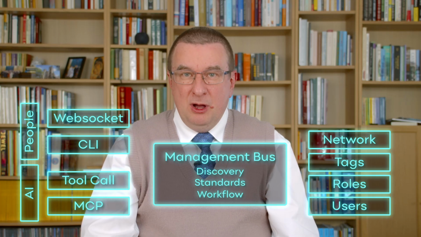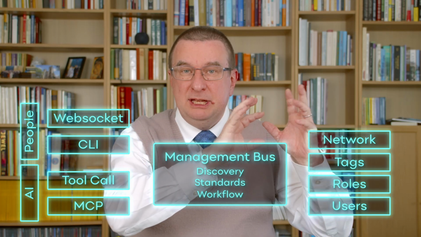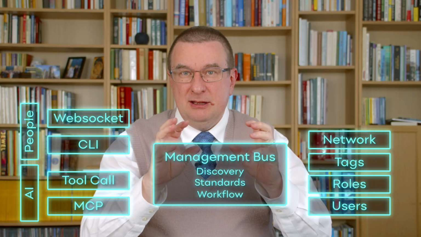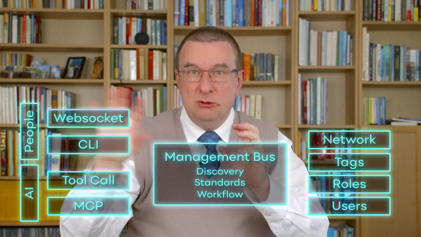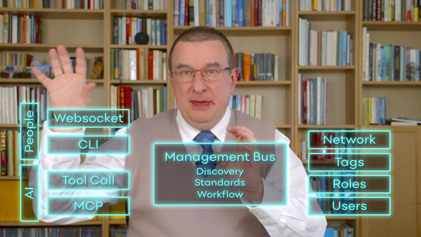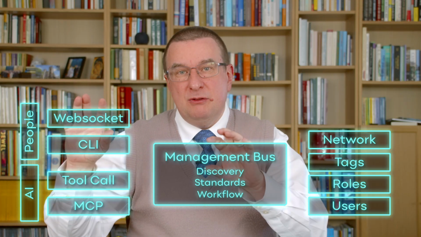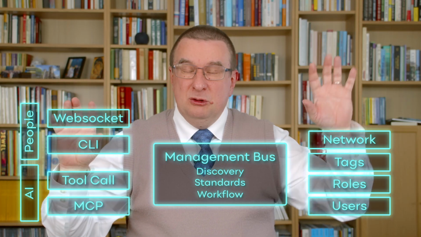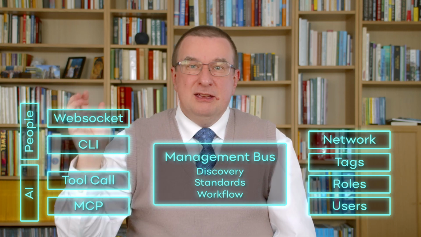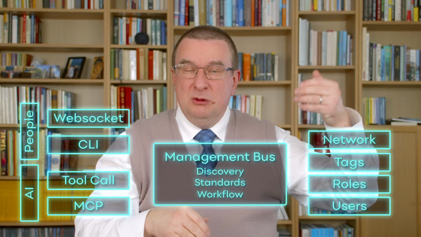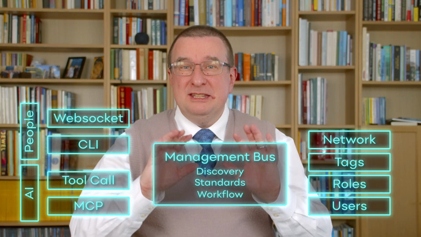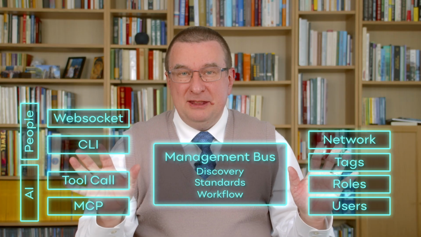This management bus packages all the domains and primitives into a standard format so that it can be consumed through connectors by the users, and then it helps manage workflows for the domains so that the users, the AI, can interact with those domains and primitives to achieve certain objectives. So that's the abstract way of looking at this.